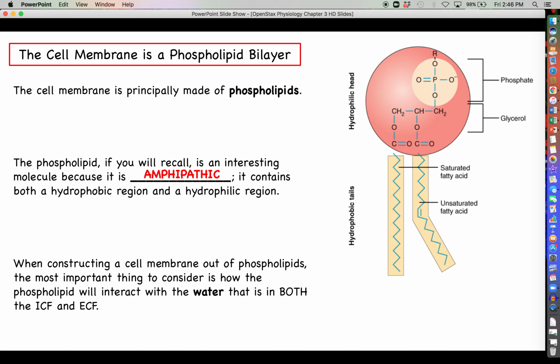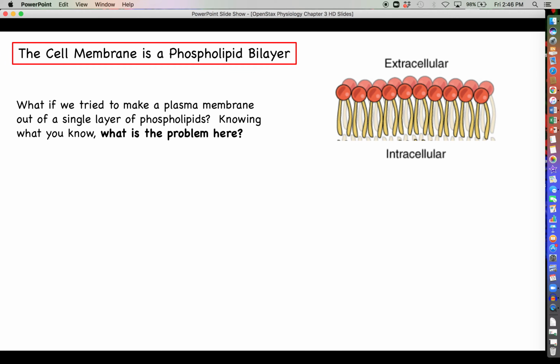The best way to make our membrane is going to be finding a way to make everyone happy, to get the hydrophilic heads interacting with water, which is what they want to do, and prevent the hydrophobic tails from having to interact with water, which is something they do not want to do.